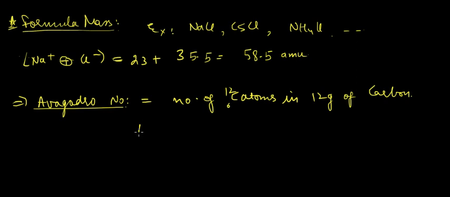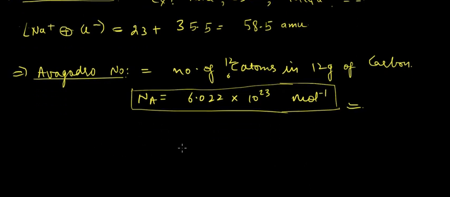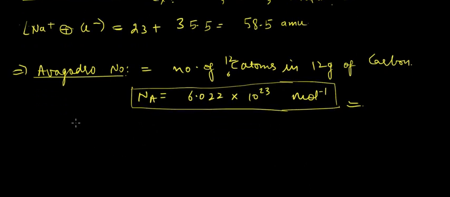So Avogadro number is 6.022 × 10^23 mol^-1. Just remember it, or if you don't, either way we'll be doing a lot of practice on the mole concepts that you will get in terms of remembering it.